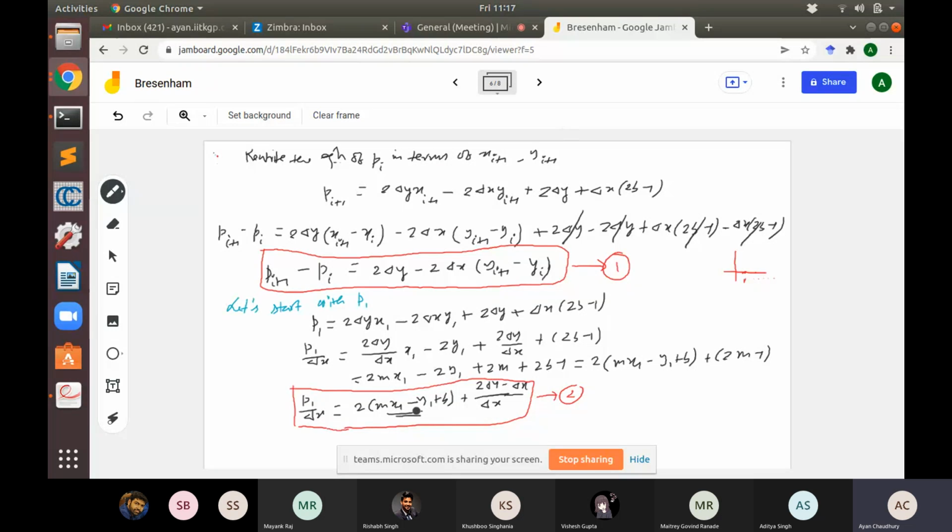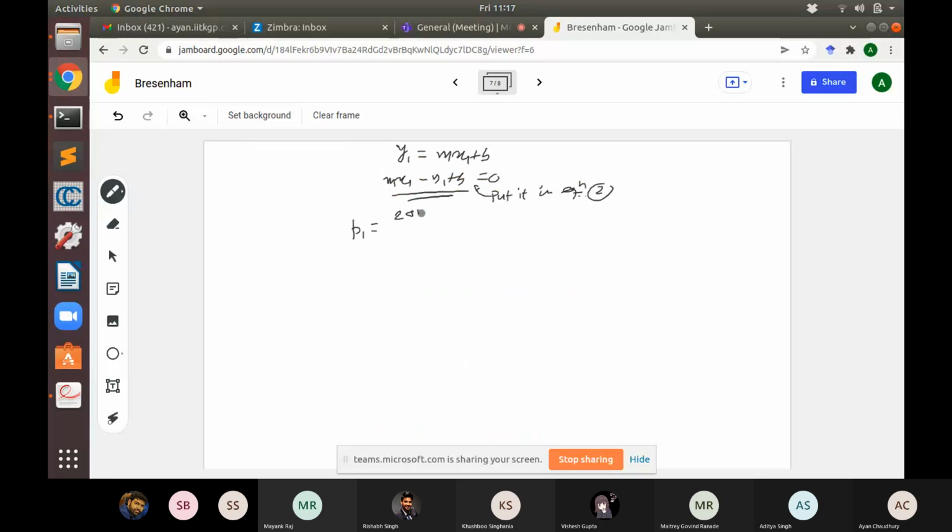This is equal to 0, and we only get 2 delta y minus delta x, divided by delta x, and there is another delta x, so p1 is equal to 2 delta y minus delta x. This is the final expression for p1. Let's call it 3 or whatever. So we have got a concrete expression for p1.